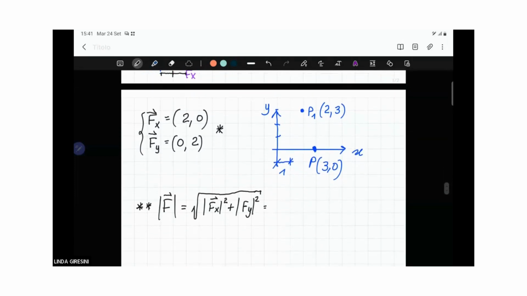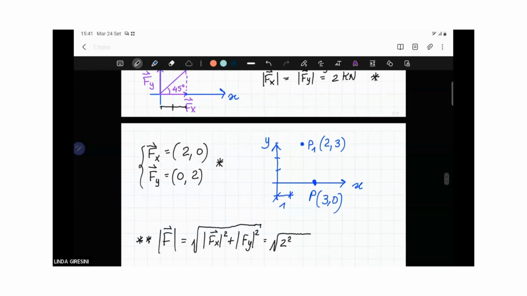Is that clear? So I have that the magnitude of the first one is 2 exponential 2 because the magnitude of the first horizontal force is 2. The length of the intensity is 2. And the other one is 2 as well. So it will be square root of 4 plus 4. Is it referring to this?